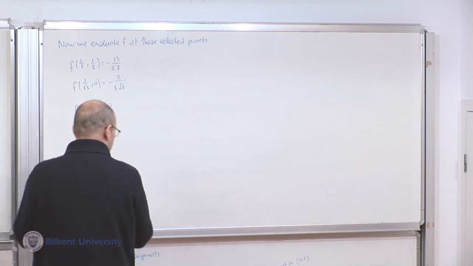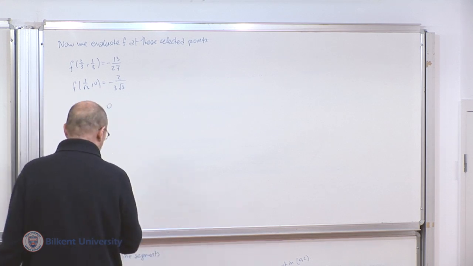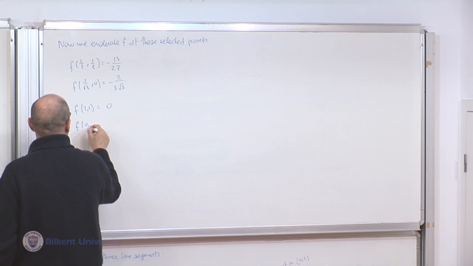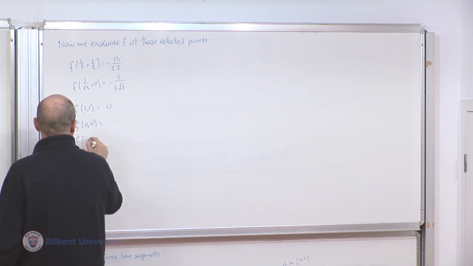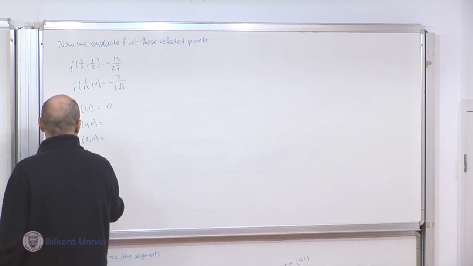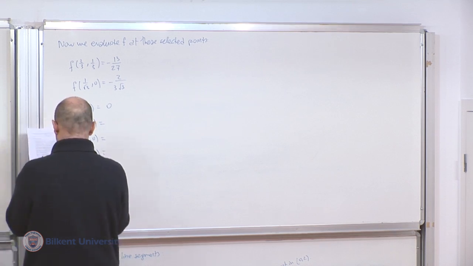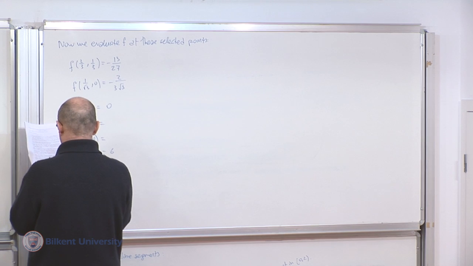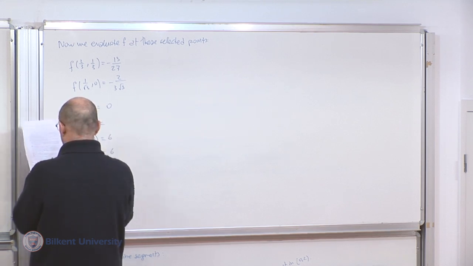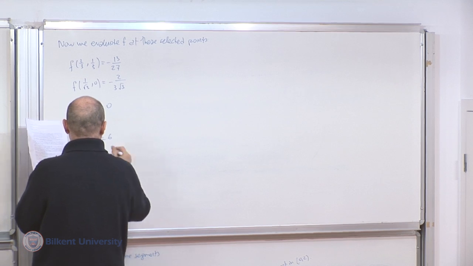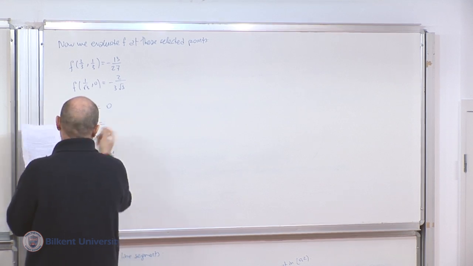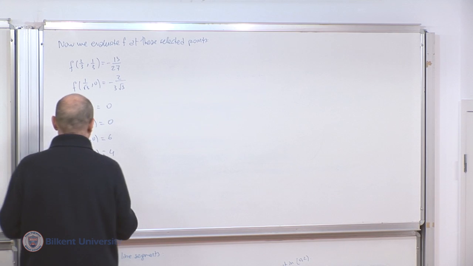Now we calculate the endpoints: f of (0, 0), f of (2, 0), f of (0, 2). Those are 6, 4, and 0.